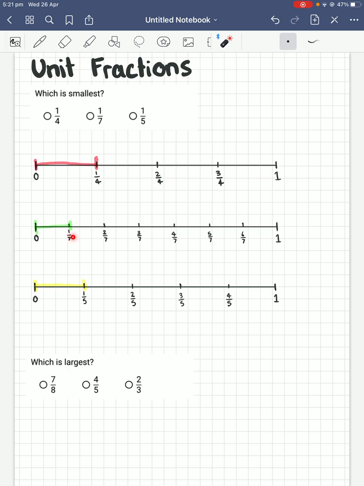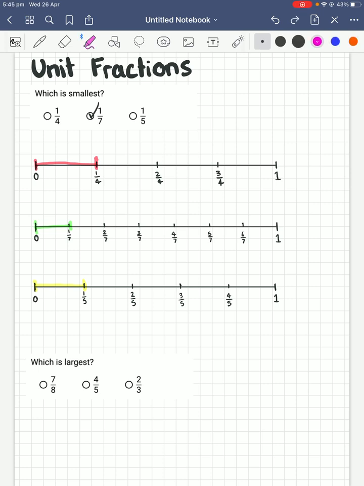If you're cutting it into 7 parts, however, obviously each of those parts has to be a lot smaller because you're cutting it up more times. So when you've got a denominator that's very large, that's going to make your unit fraction very small. So the rule is whichever has the largest denominator will be your smallest fraction.